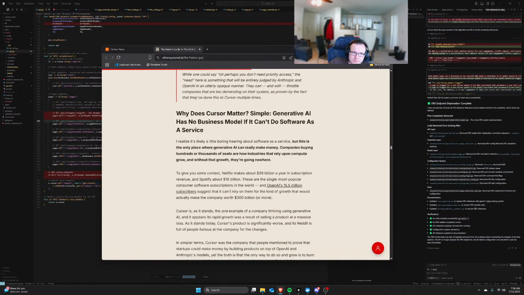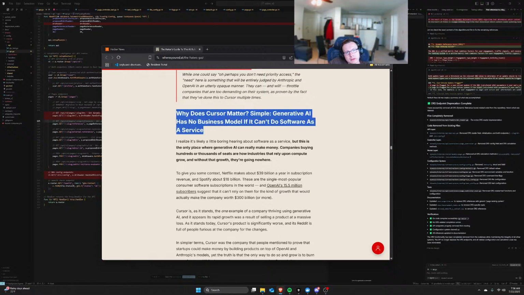Blah, blah, blah. Cursor matters. Yeah, so this is a good point. If Cursor, which is really important for software development for AI stuff, doesn't have a business model that works, then that means a lot of generative AI stuff just doesn't have a business model that works.